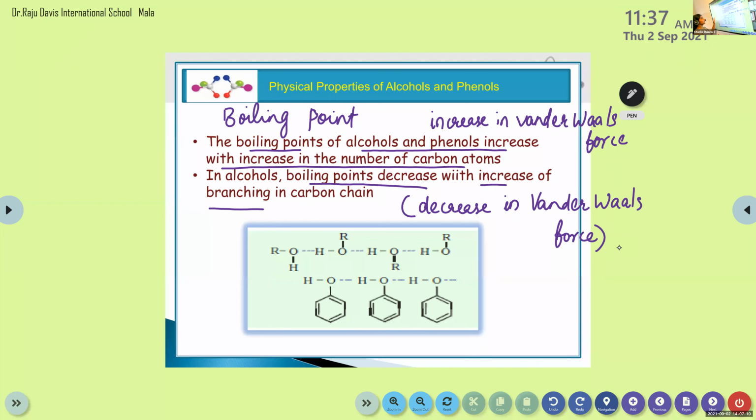This first point, the boiling point of alcohols and phenols increases with increase in the number of carbon atoms, due to the increase in van der Waals force. And the second one, in alcohol, the boiling point decreases with increase of branching in the carbon chain. This is due to the decrease in van der Waals force, because of the decrease in surface area. When more branches come, the surface area decreases, right? So here the van der Waals force also decreases.